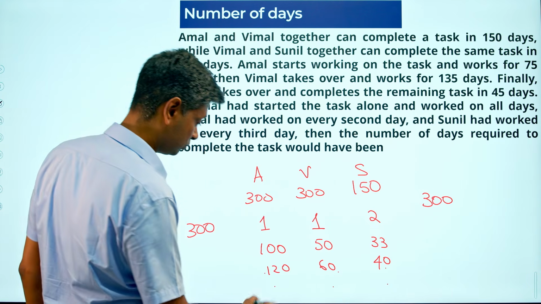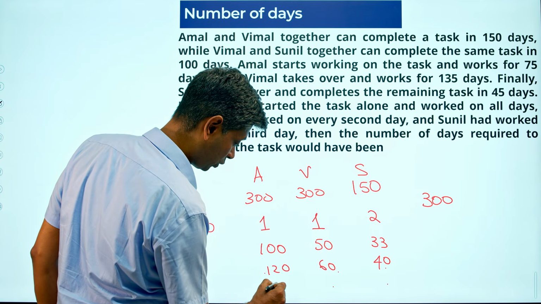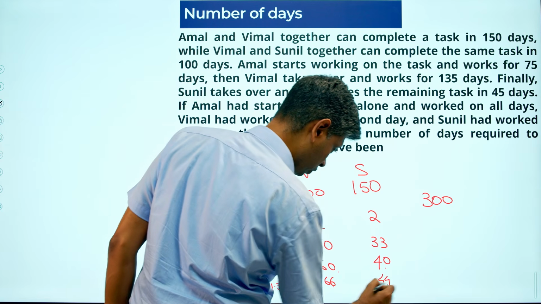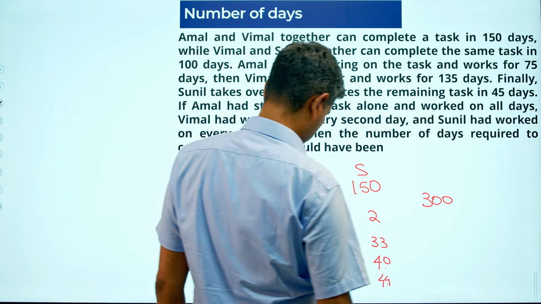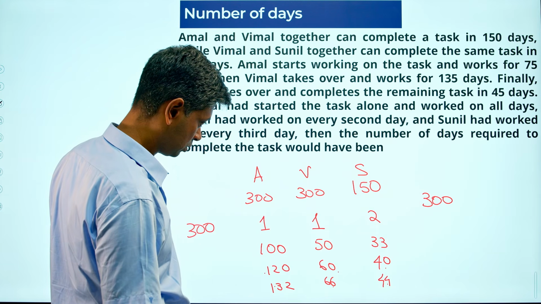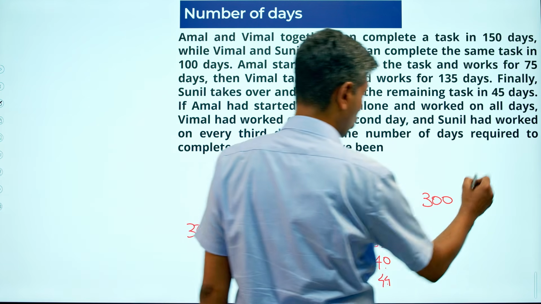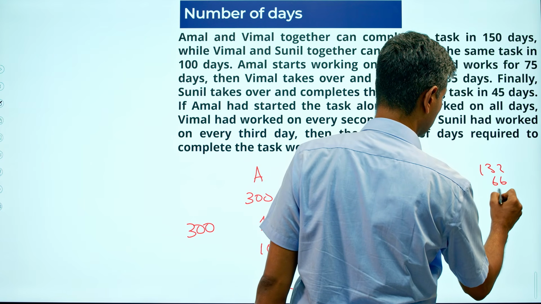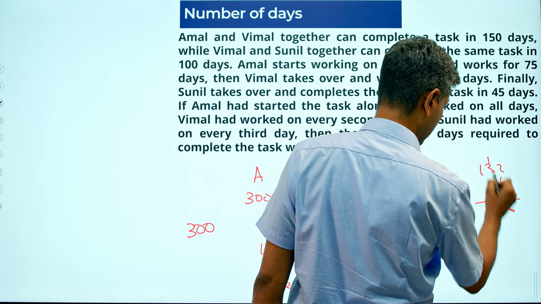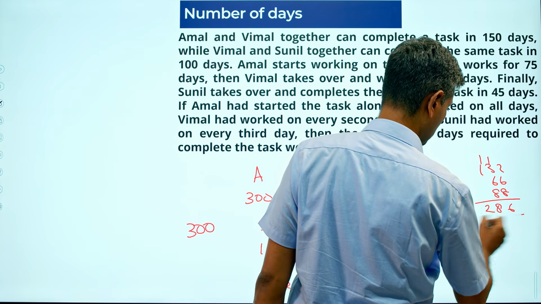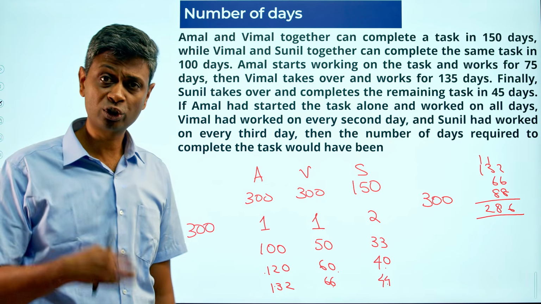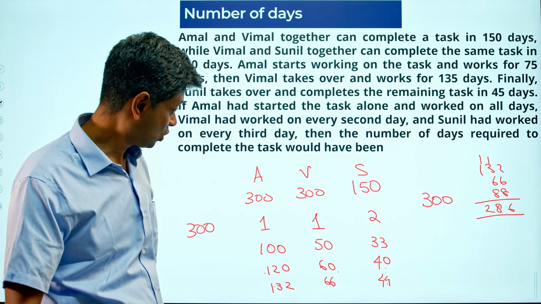So let's take it to say 132, so 66, 44. 132 plus 66 plus 88 gives 286. So this should work for more than 132 days.